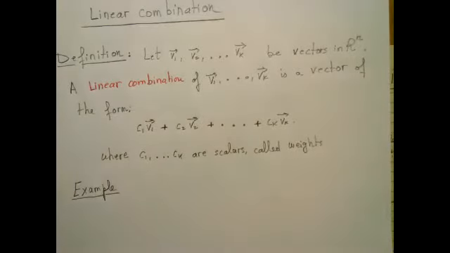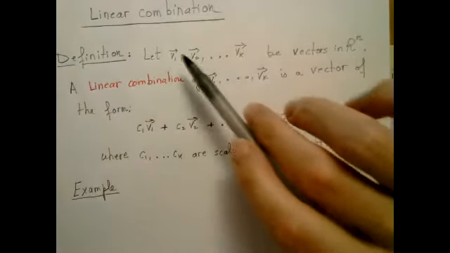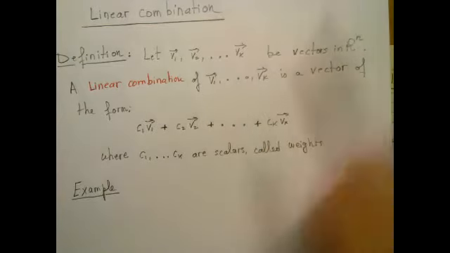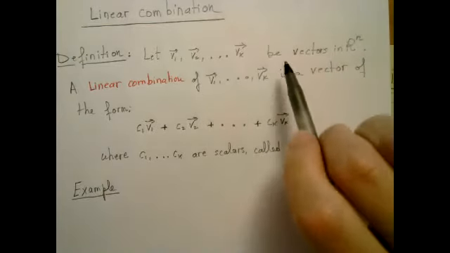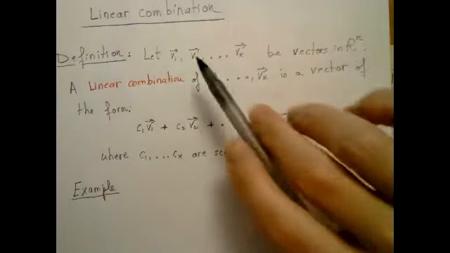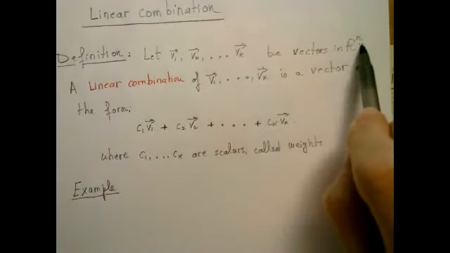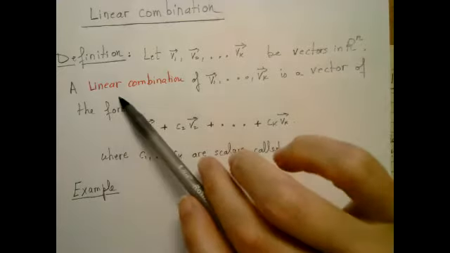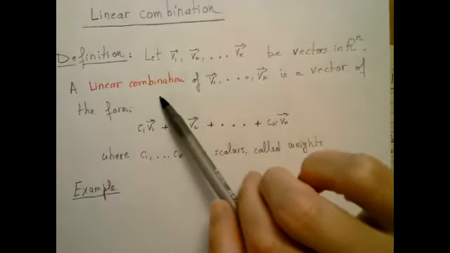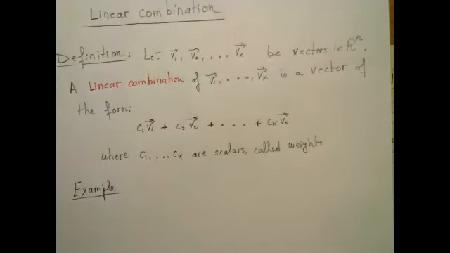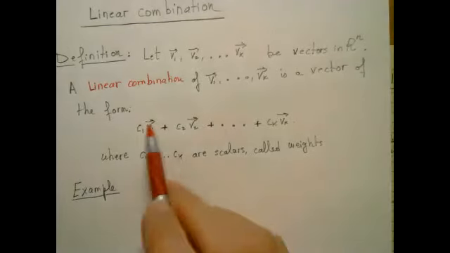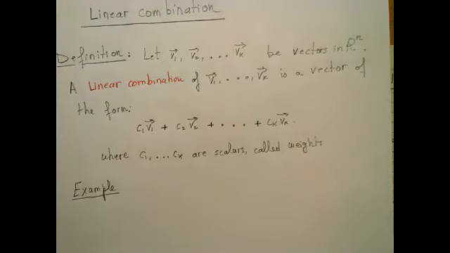So suppose I have vectors v1 through vk. It means k vectors, vectors in Rn. It means I have k vectors, all of them in Rn. What's a linear combination of vectors? A linear combination of v1 through vk is just any vector that's obtained in the following way.